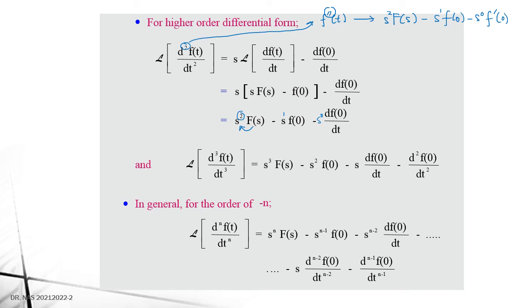When you have the power of 3, it is f triple prime(t), and in the s domain it will be s to the power of 3 F(s) minus s to the power of 2 f(0) minus s to the power of 1 f prime(0) minus s to the power of 0 f double prime(0). The same goes for the nth power: the s power will be reduced until it is s to the power of 0.